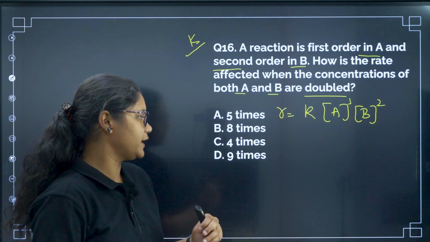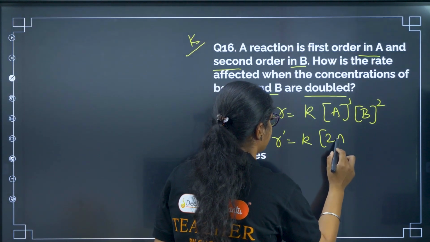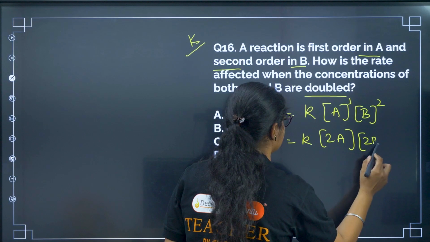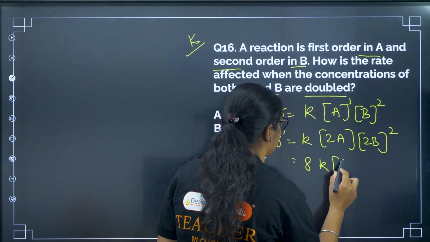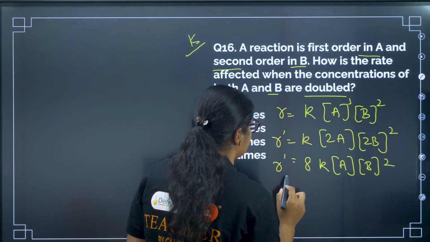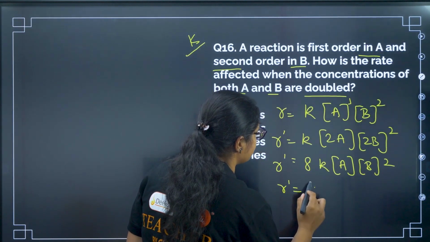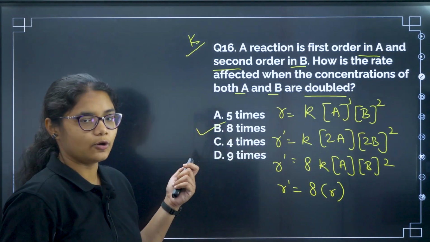So next time we have to take R dash equal to K into 2 times A and 2 times B, squared. Now if you see, we'll get 8 times K A B squared. So I'll get R dash is equal to 8 times the initial rate, right? So the correct answer for this question is option B.